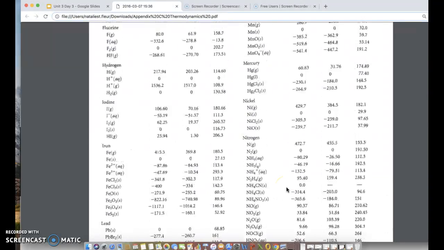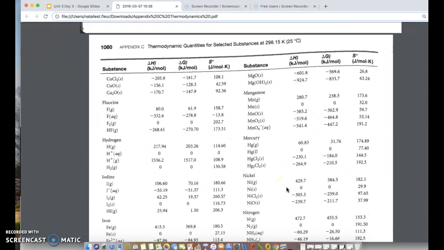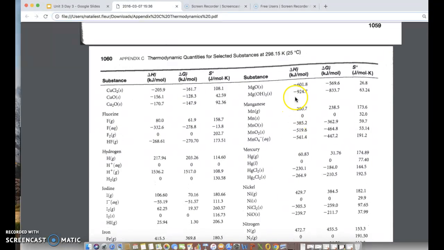All right, so now that we see where the substances are, when they're arranged in alphabetical order, in terms of the values, delta H is listed first, followed by delta G, and then finally S. So the first one is H, second one G, and then third one S. And so you just need to be careful about that. For example, if you needed to find the delta G standard formation, you would have to look at the second value.